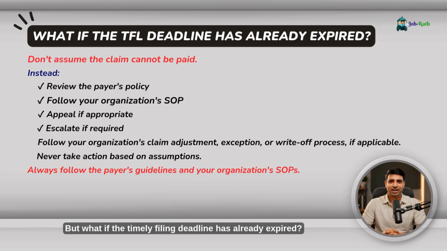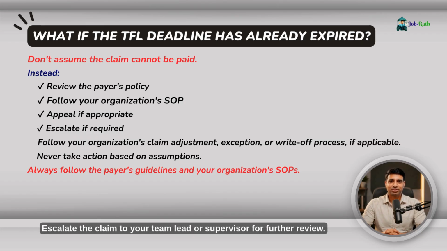But what if the timely filing deadline has already expired? Don't immediately assume the claim cannot be paid. First, determine why the claim was never submitted. Then, review the payer's timely filing policy and your organization's standard operating procedures. Depending on the payer's policy and your organization's guidelines, you may need to submit a timely filing appeal if appropriate.